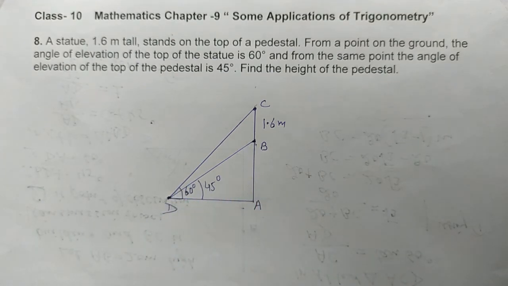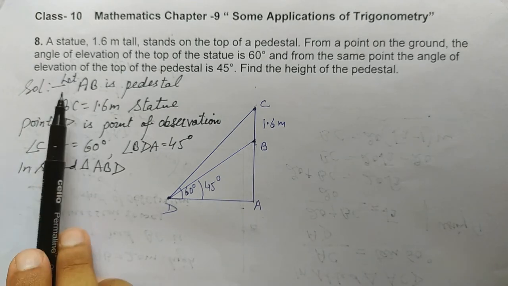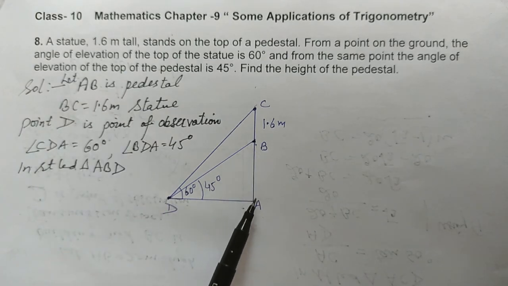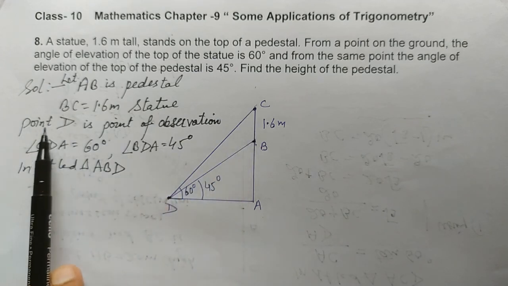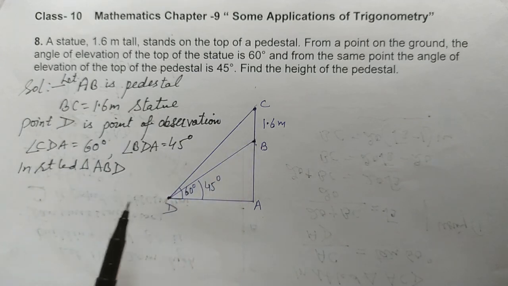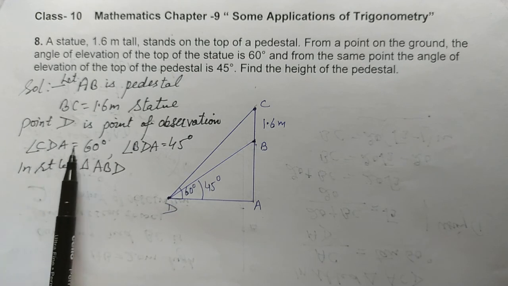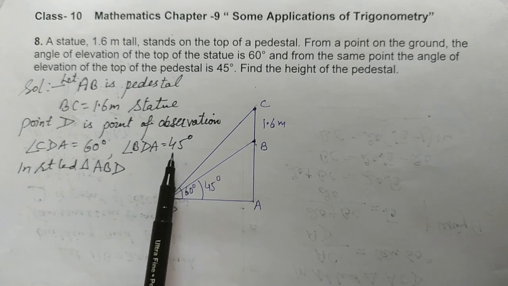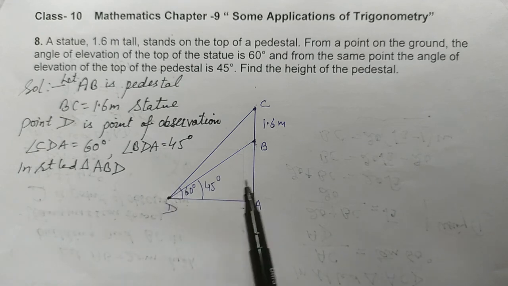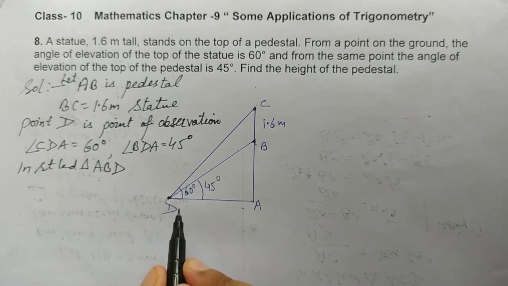So let's write. Let AB be the pedestal, and BC is the 1.6 meter tall statue. Point D is the point of observation, and angle CDA is 60 degrees and angle BDA is 45 degrees. Now in the small right angle triangle ABD, we need to find AD.